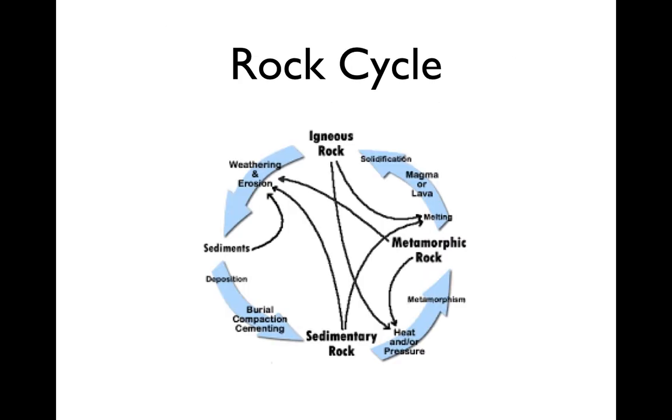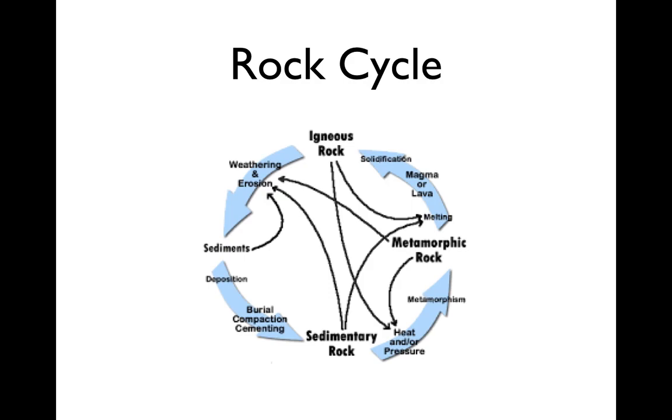This is a great picture of the rock cycle, and I want you to really understand it. The blue arrows here are the processes. Everything leading up to the big blue arrows are the processes that go into it. For example, the processes for sedimentary rock are the two blue arrows in front, which means we have weathering and erosion, which gives us sediments.